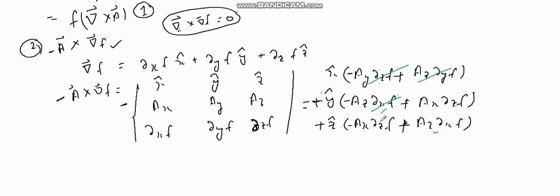I think this should not be z. Okay, I think there is some mistake. Okay, let me correct it. So what is it? For the z, we gonna have ax del yf, and for that we gonna have ay del xf, right?